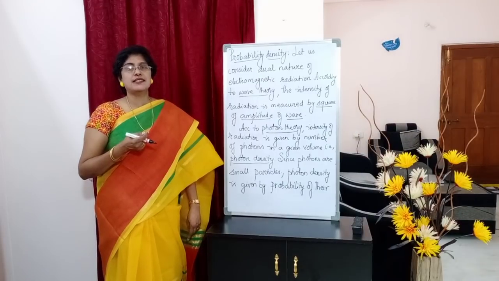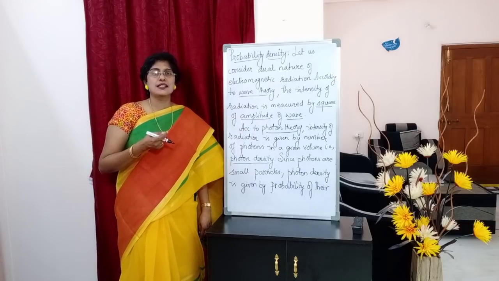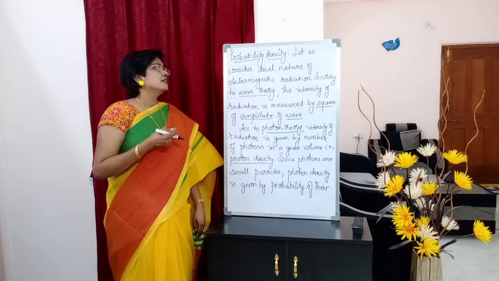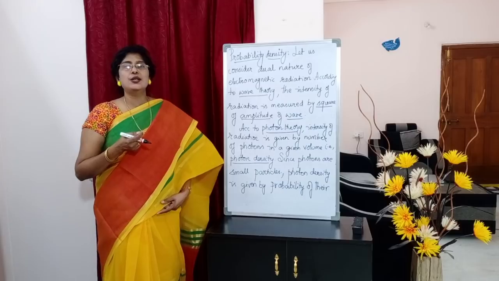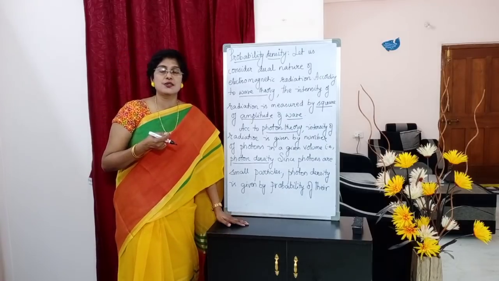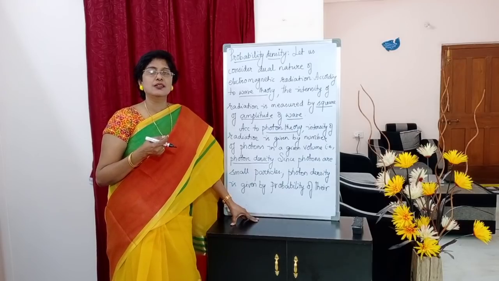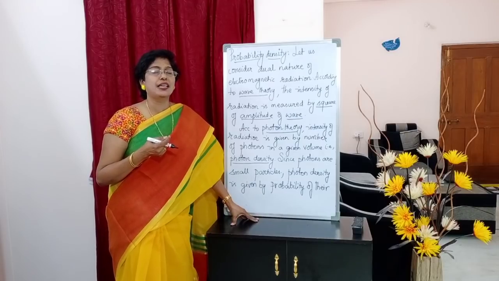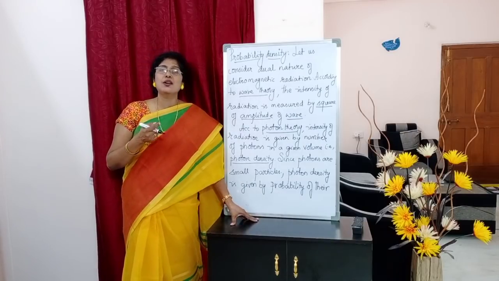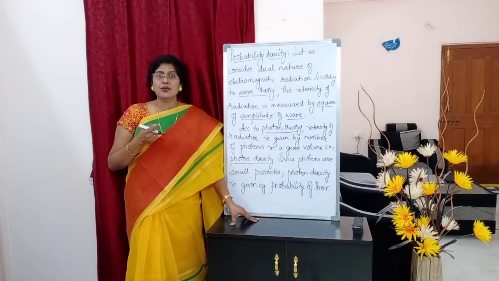Next topic, put the side heading, probability density. This is also a short answer question students. So when do we use this word probability, students? When we do not know the correct information. As we all know, with the knowledge we have, we cannot assign a specific position to the electron of particular energy at a given moment.